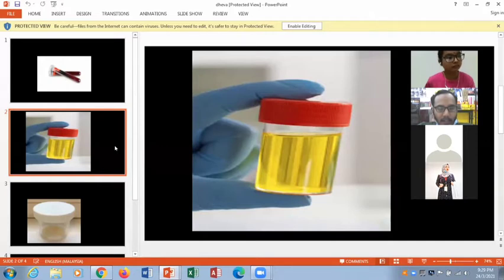A leak-resistant container reduces specimen loss and healthcare worker exposure to the specimen, and also protects the specimen from contaminants. It is good practice to use containers made of break-resistant plastic, which is safer than glass.